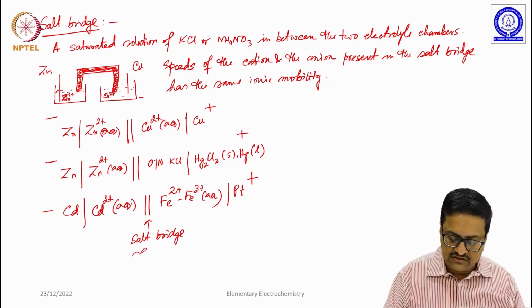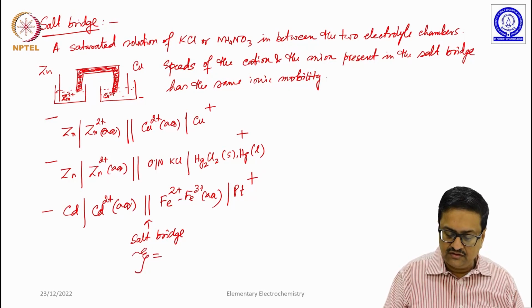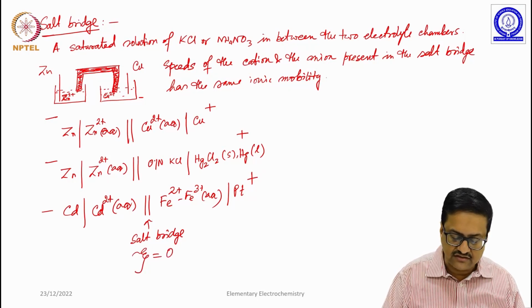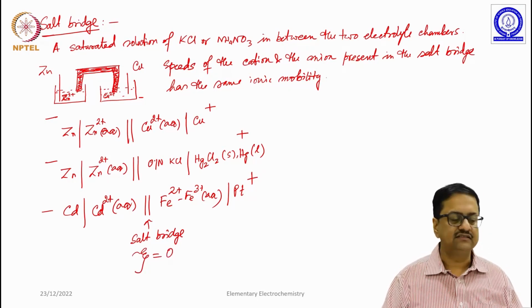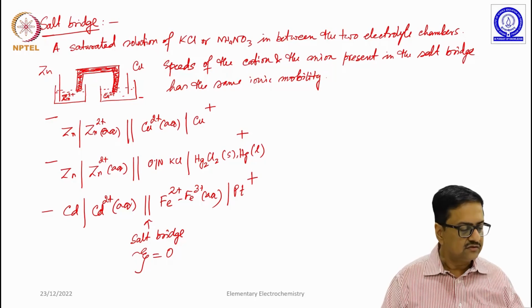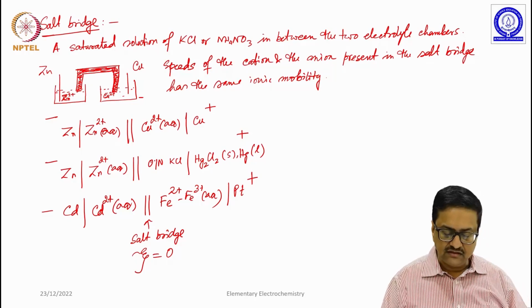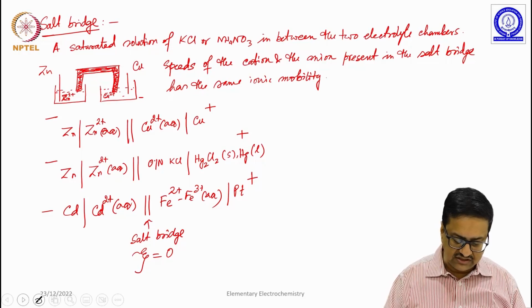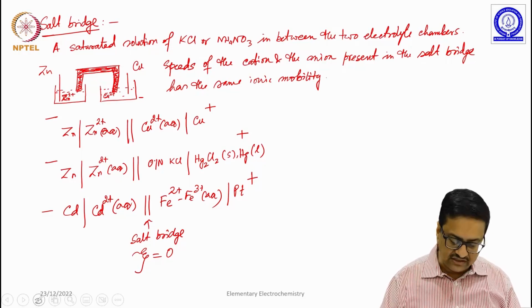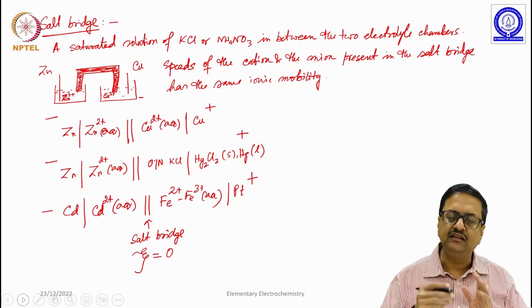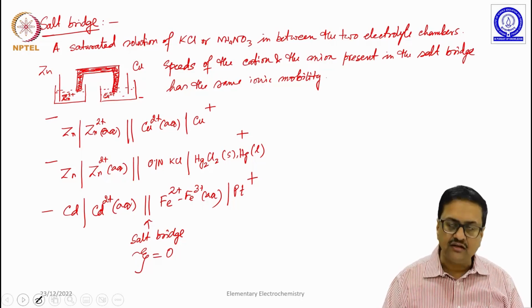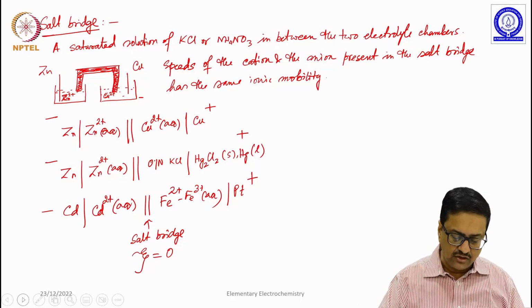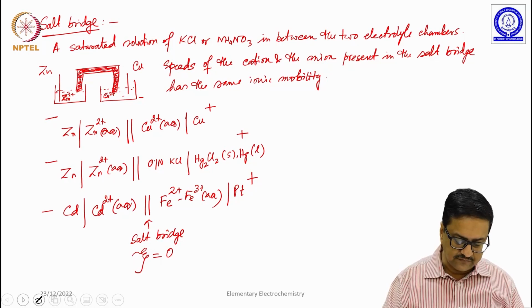With a salt bridge the liquid junction potential is 0 and it is thus eliminated. So using a salt bridge we can avoid a potential problem which is generated because of the variation in speed of the ions present in the two different compartments.